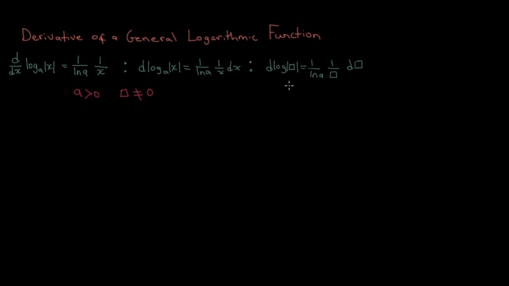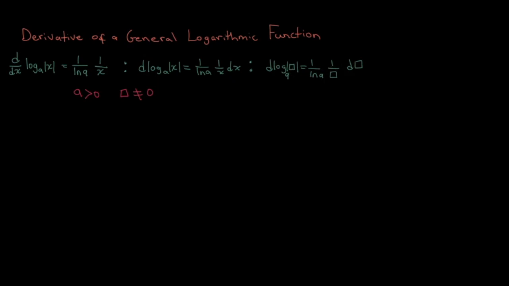You can even look at it this way. The derivative of log base a of some thing, whatever is in this box here, whatever is in the argument, is equal to 1 over ln a times 1 over whatever's in that argument, times the derivative of whatever's in this box here.